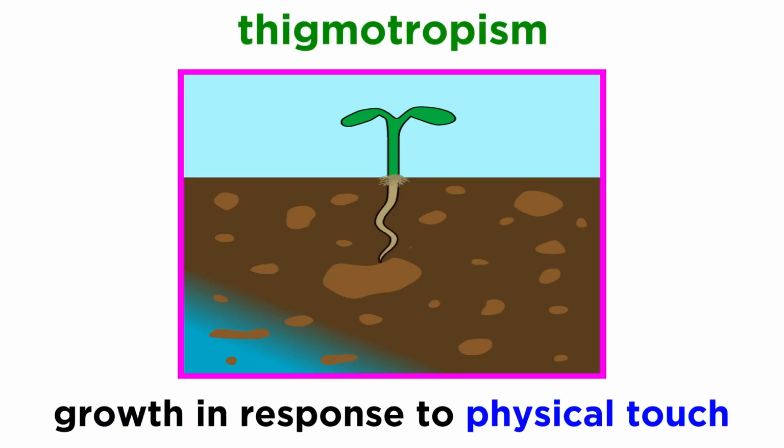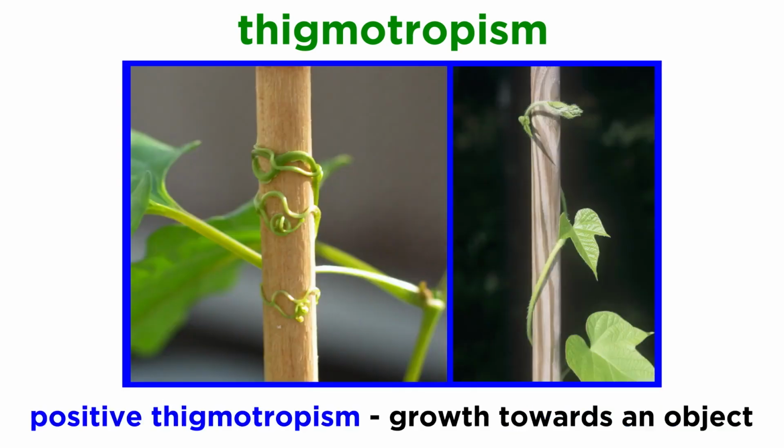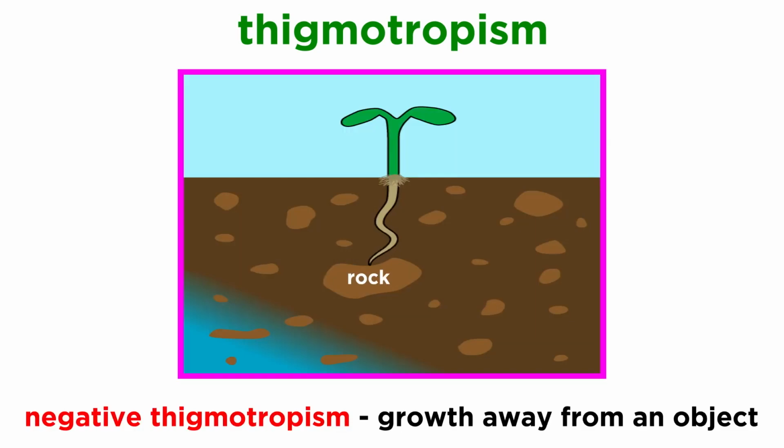When parts of a plant encounter a solid object, they demonstrate thigmotropism, or growth in response to physical touch. Positive thigmotropism can be seen when a climbing vine wraps itself around a solid object as it grows. Negative thigmotropism is exhibited by roots growing away from or around rocks in the soil.